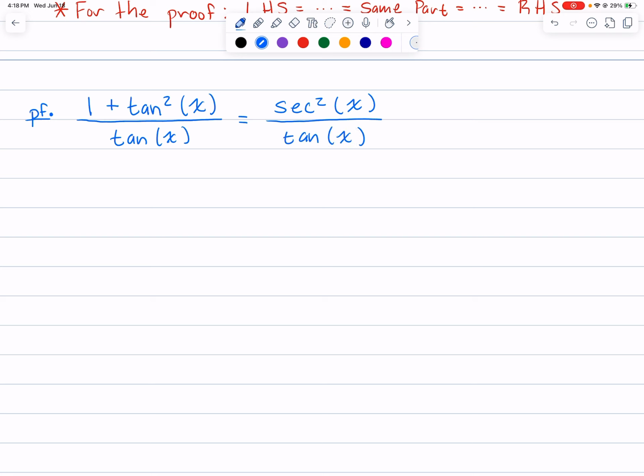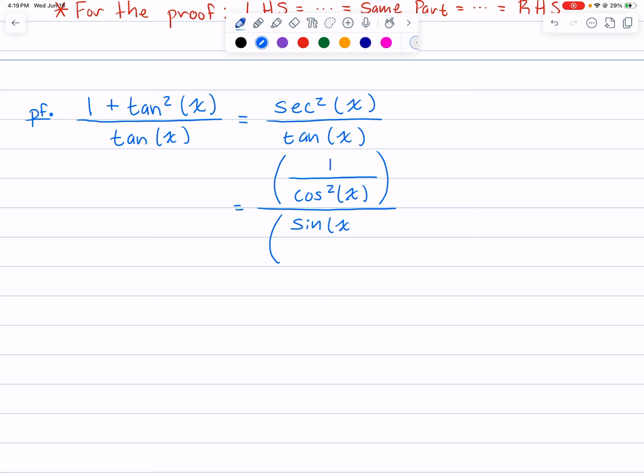All right, and again, we're just neatly copying. That's all we're doing. And then we're just going to copy again. So remember secant squared, that was 1 over cosine squared of x, all over tangent was sine over cosine.